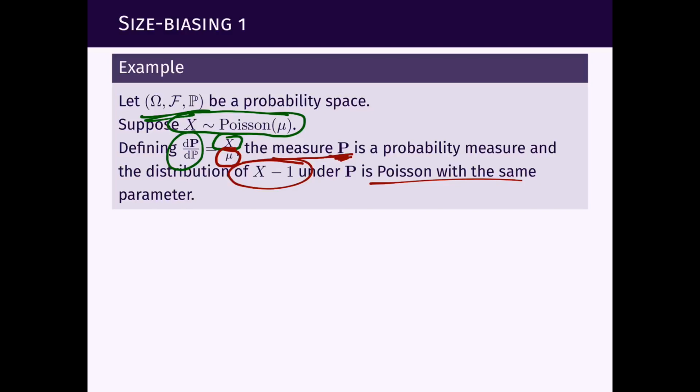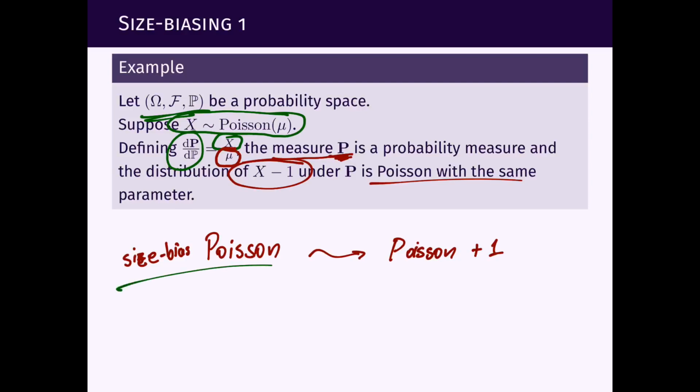So that means if we take a Poisson random variable and we do the size biasing, then what we get is the Poisson plus 1. And Poisson is the only distribution with this very nice property.